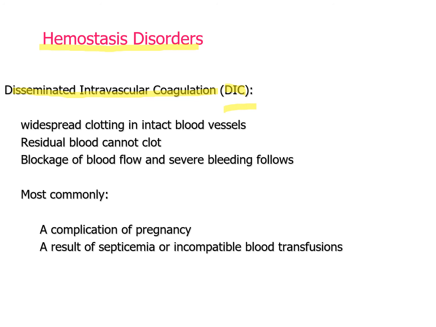This is due to multiple, widespread, minute blood clots forming throughout the blood vasculature. If you get many tiny blood clots forming, you get a depletion of the clotting factors, the soluble proteins involved in the clotting cascade.